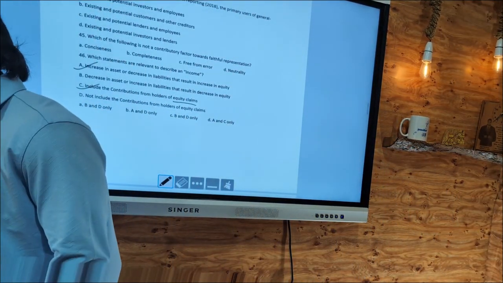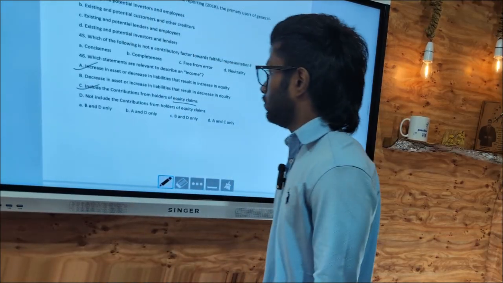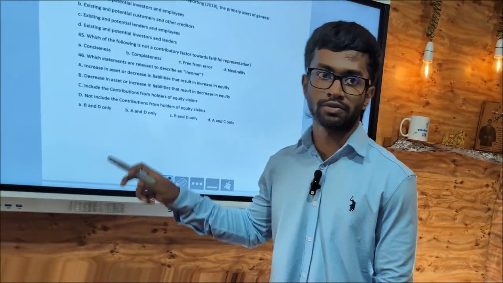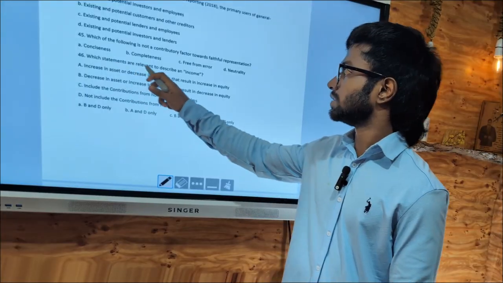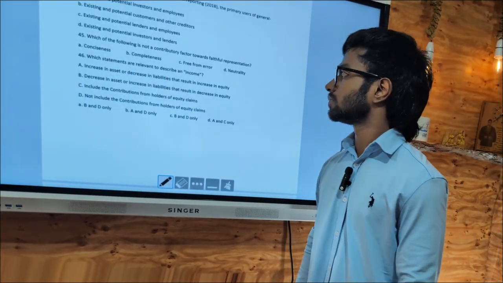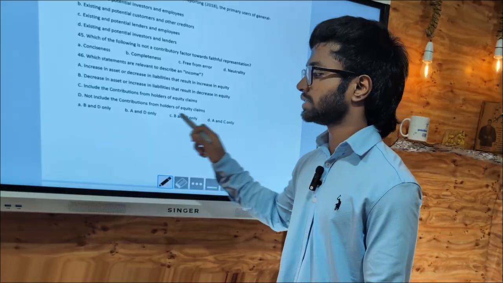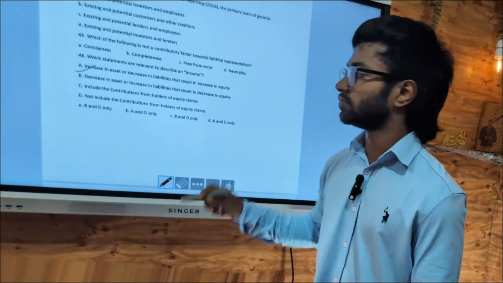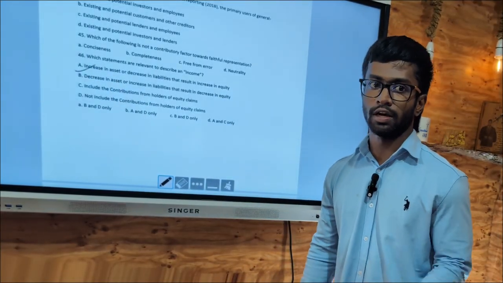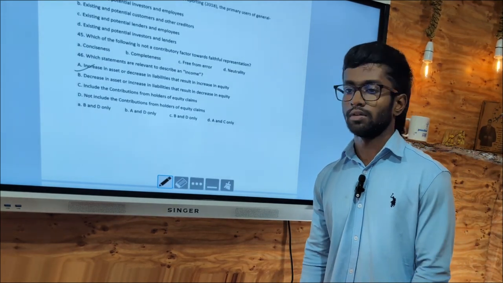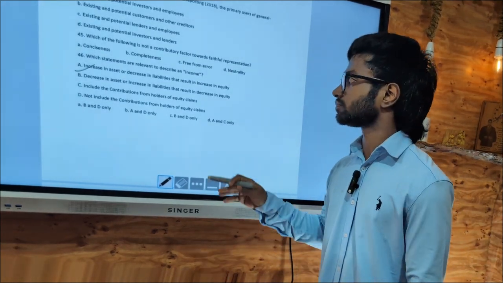46. So if you take 46, which of the statements are relevant to describe an income. Here it is an increase in asset, decrease in liability, which result in increase in equity. That is true, because due to an income, maybe you get more cash, so assets will increase and your liabilities will reduce.